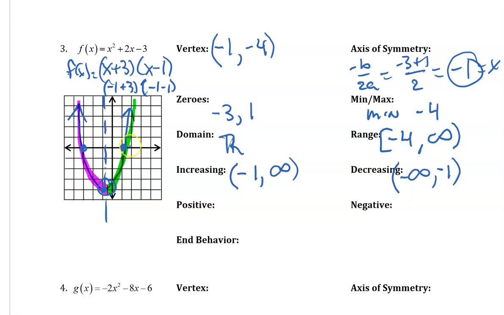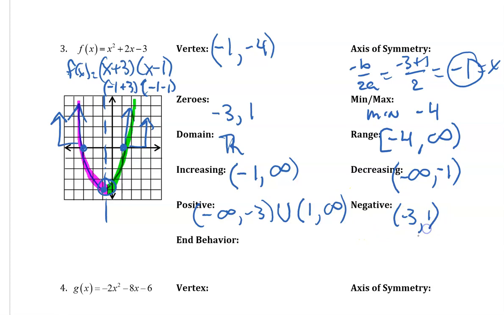It is positive anywhere it's above the x-axis. So that's from negative infinity to negative 3, our first 0, and the union of sets from positive 1 to infinity. And it's negative between negative 3 and 1.